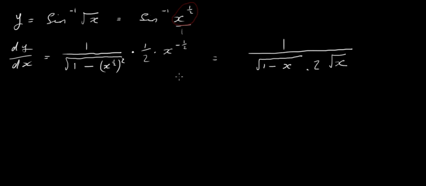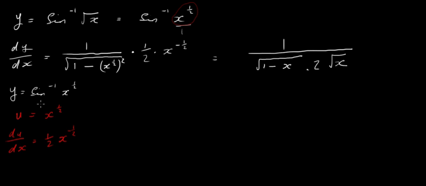If we take y is equal to sine inverse x to the power of a half, let's do this by substitution. So I'm going to take u is equal to x to the power of a half. That will give me du dx is equal to a half x to the power of minus a half.